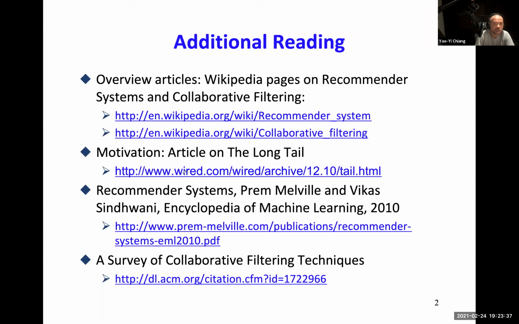Additional readings. You have to read this because the content might be used in your quizzes or in your exam. So take a look at the Wikipedia definition. It's pretty comprehensive. Look at the motivation, why we are building a recommendation system, and look at the recommendation system paper and a survey. Okay, so lots of readings, but these are fun readings.